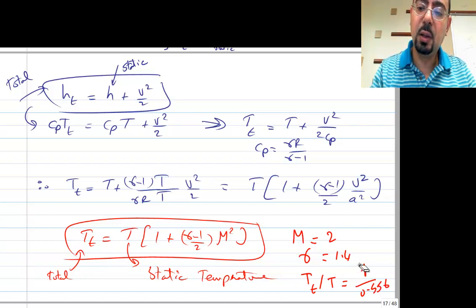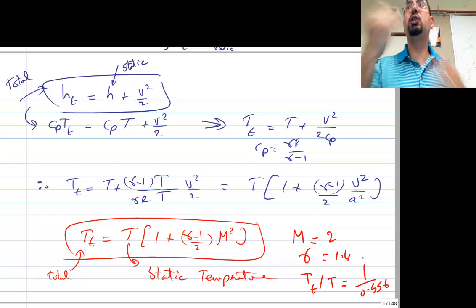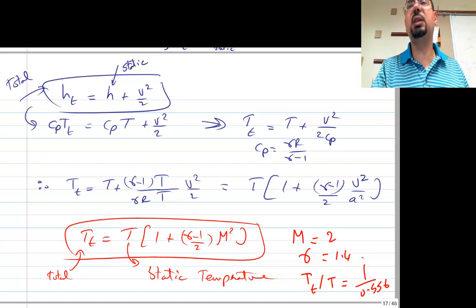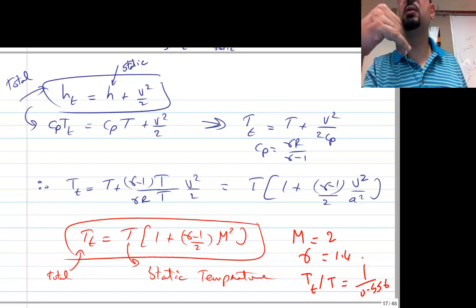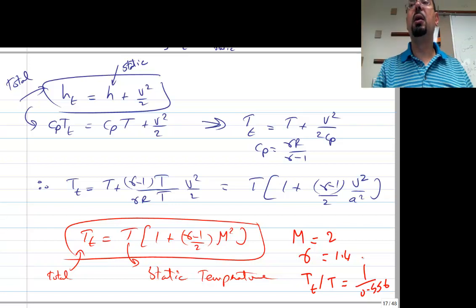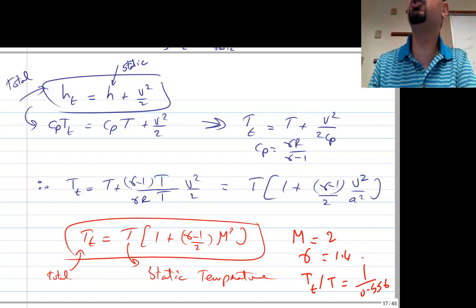So I wrote 1 over 0.556 because the table gives T over T naught. T is smaller than T naught, so I was asking for T naught over T. So then it's 1 over this, right? So that table is much faster to use than the equation, but the equation is always accurate. You can always use the equation.